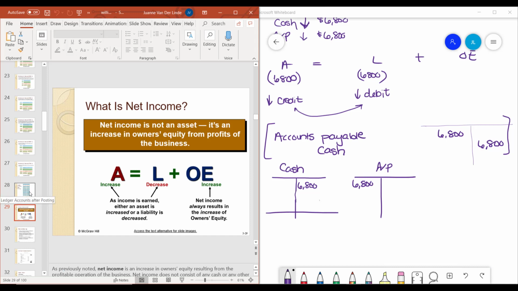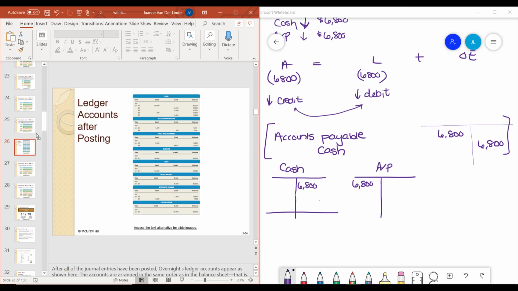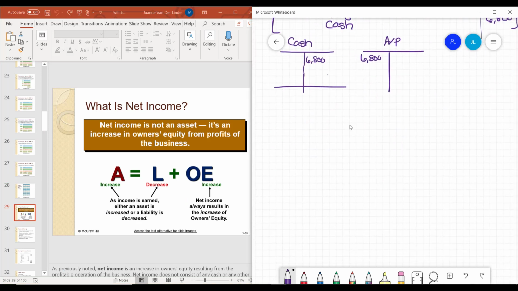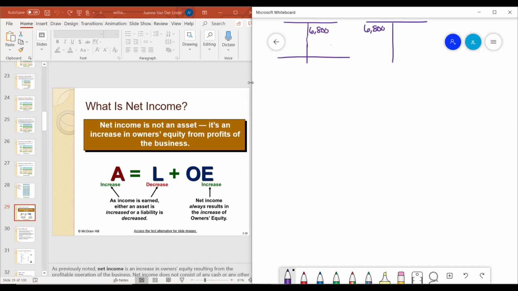All right, so what is net income? Net income is not an asset, it's not cash. It's simply an increase in owner's equity from profits of the business. This is something we talked about in class, okay? Net income is one of those things that increases owner's equity.